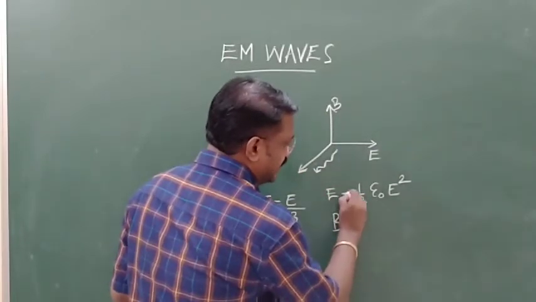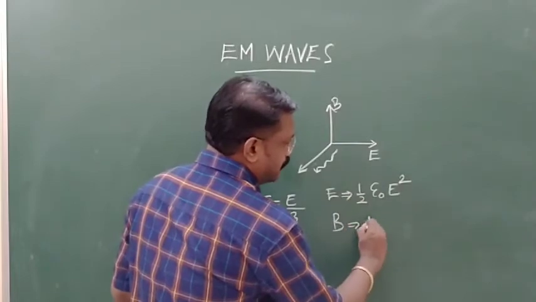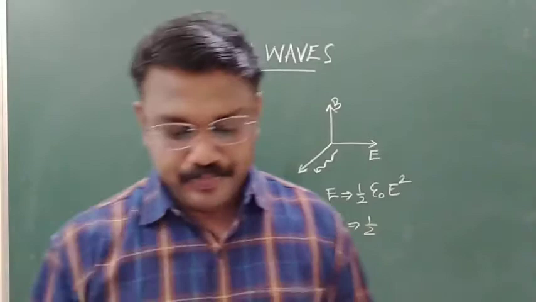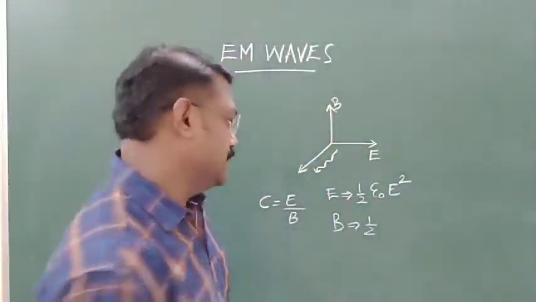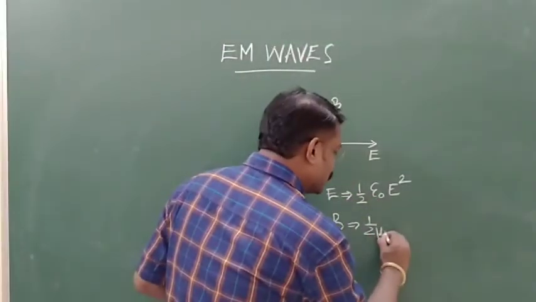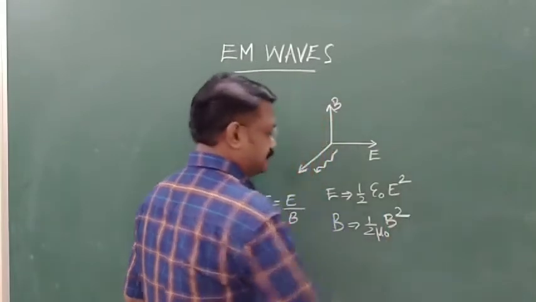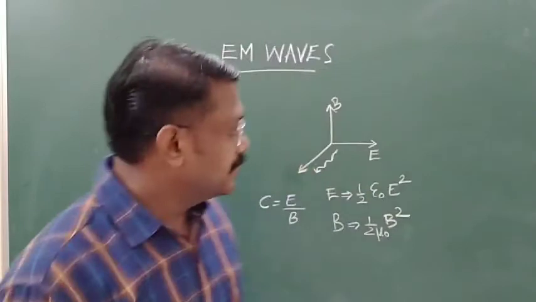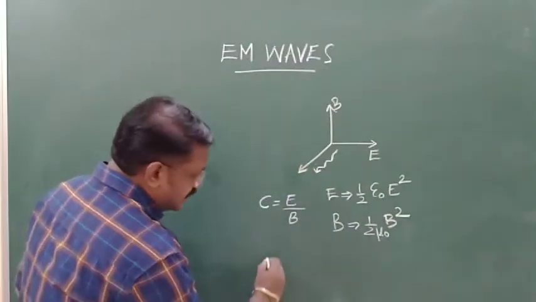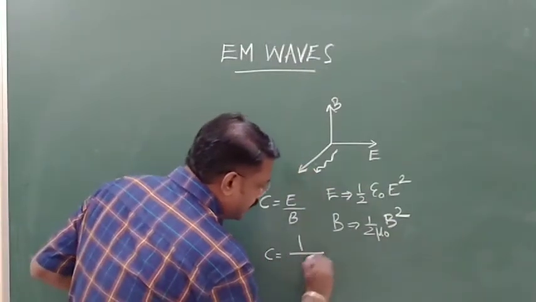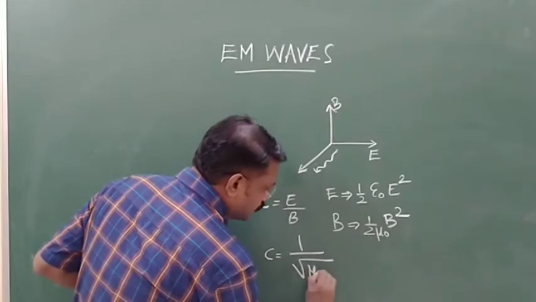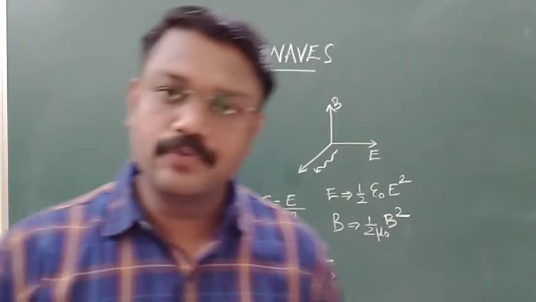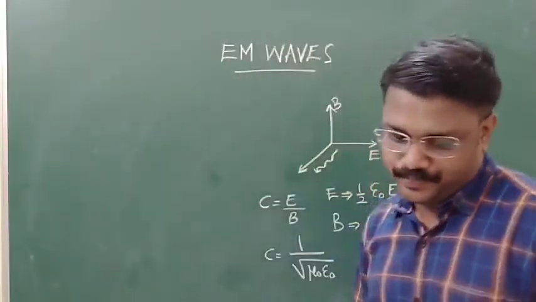In the magnetic field it is 1 by 2 mu 0 into B square. And again it is given that c is equal to 1 by root of mu 0 epsilon 0.